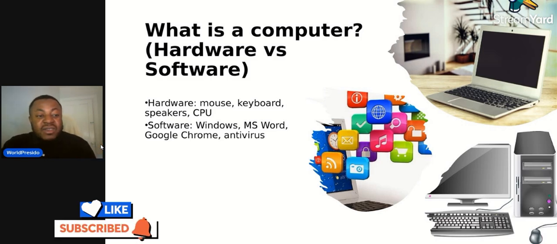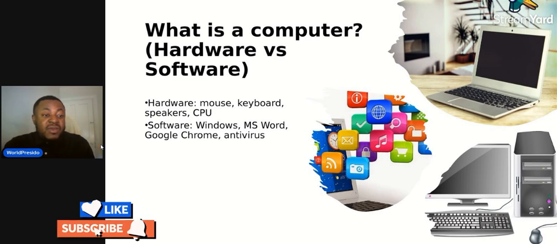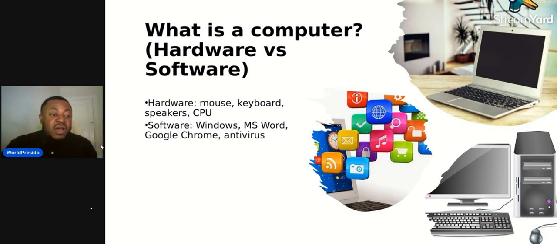I need antivirus. That antivirus is a software. It's going to tell the hardware what to do. So when you install an antivirus and you scan, it's simply telling the hardware, please scan for any malicious activity or thing in it or application and take it out.